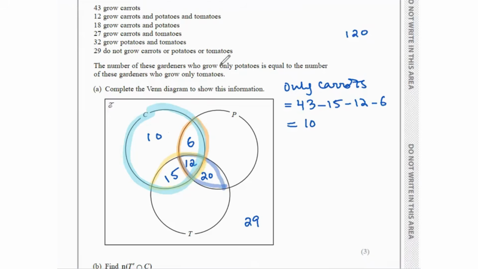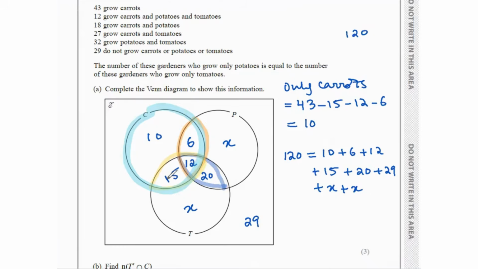Then they said that the number of gardeners who grow only potatoes is equal to the number of gardeners who grow only tomatoes. So we can say both of these are x. 120 is the total number of gardeners, so 120 equals the sum of all of these: 10 plus 6 plus 12 plus 15 plus 20 plus the 29 that's outside, plus the 2 x's.